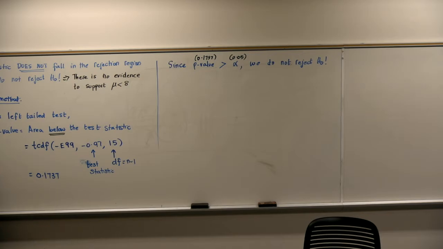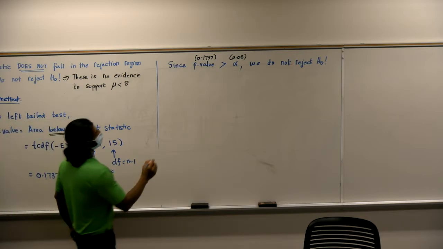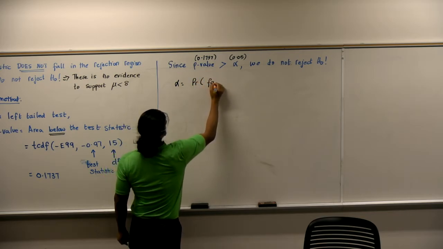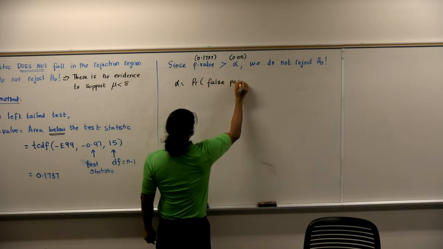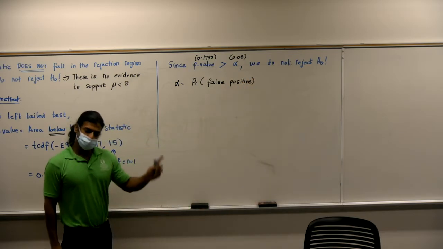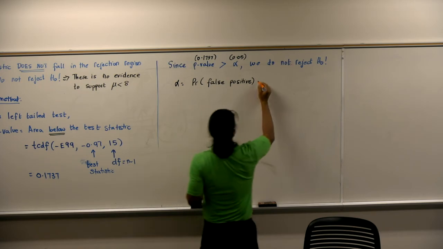Why should that make sense? It goes back to the informal definition that I wrote last time. What is alpha? It is the probability of false positive.